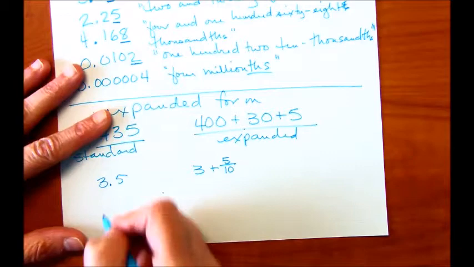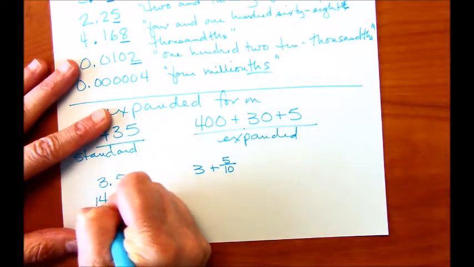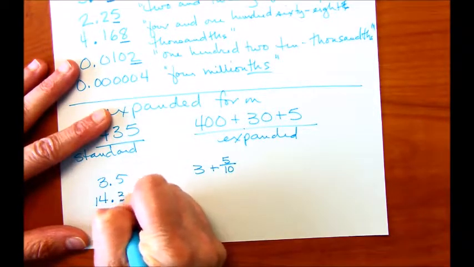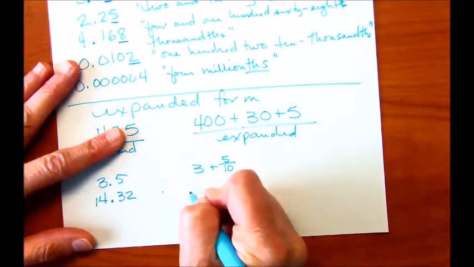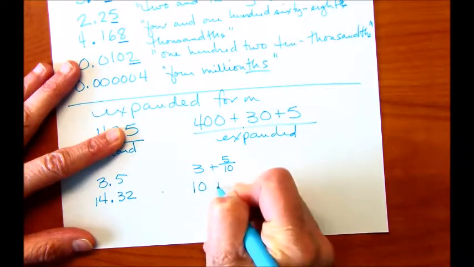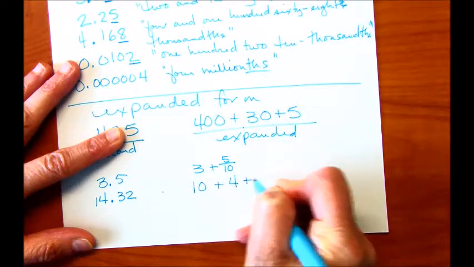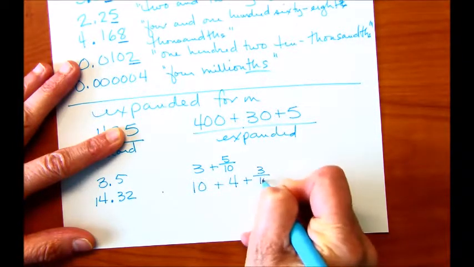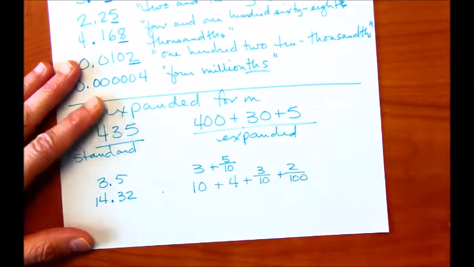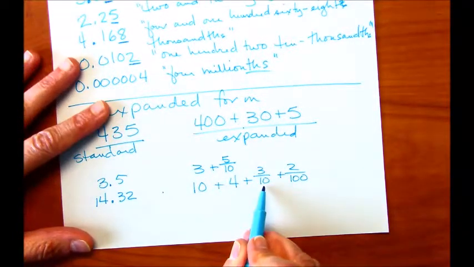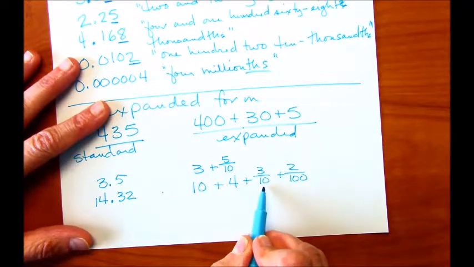Say we had 14.32, or 14 and 32 hundredths. It would be 10 plus 4 plus 3 tenths plus 2 hundredths. Notice the 3 is in the tenths place, so the denominator is a 10.